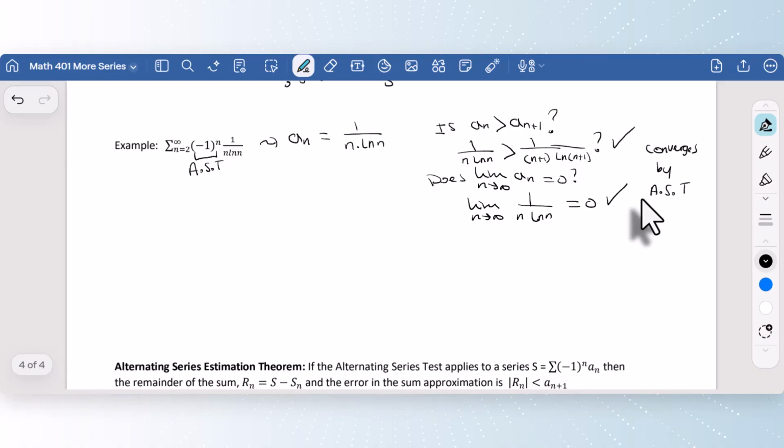So you might be thinking, do they all converge? Not necessarily. But one of the things we may want to know, because things seem to be converging a lot, is a question you may be asked: does it converge absolutely?